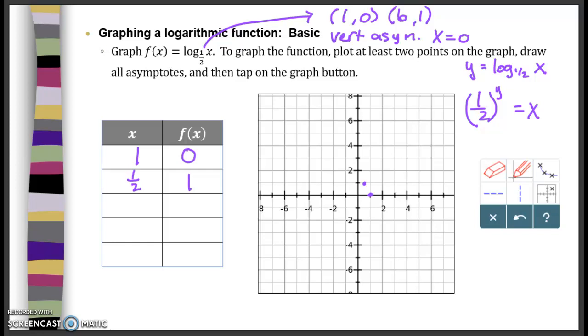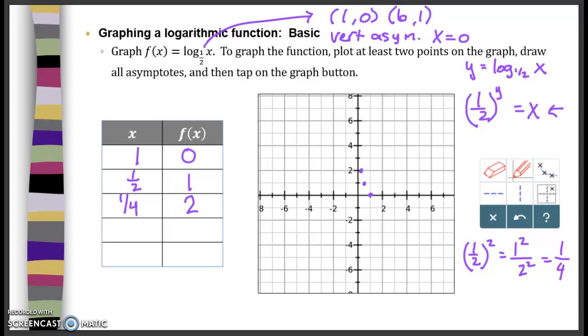Let's say we want to see where the function is equal to 2. When I plug in 2 into my exponential form, I get 1/2 squared, which is 1 squared over 2 squared, which equals 1/4. So my point will be at x is 1/4 and y is 2.